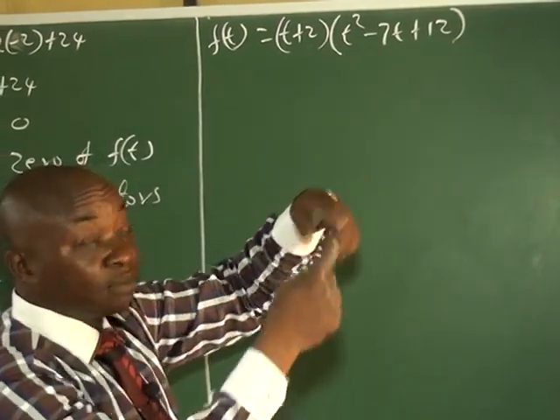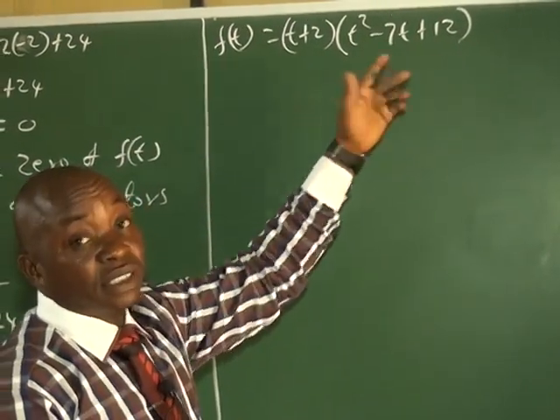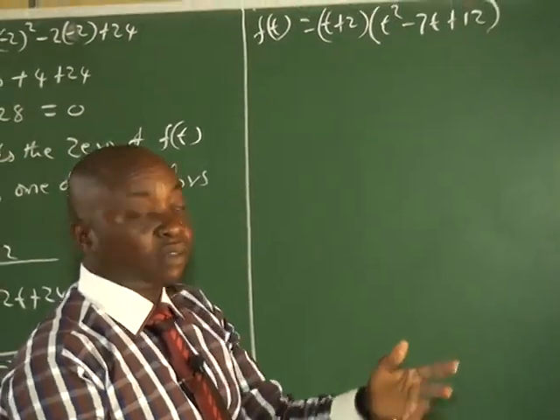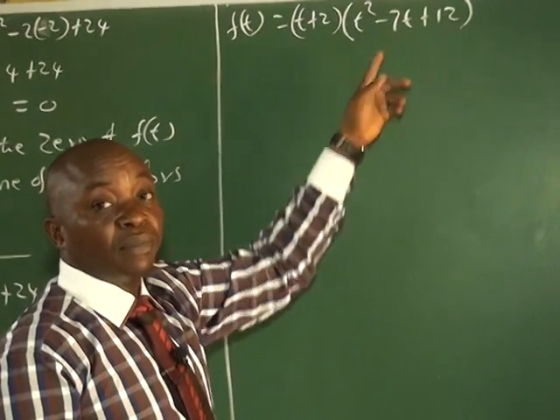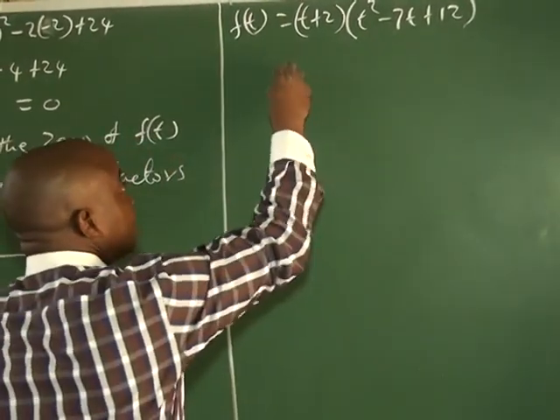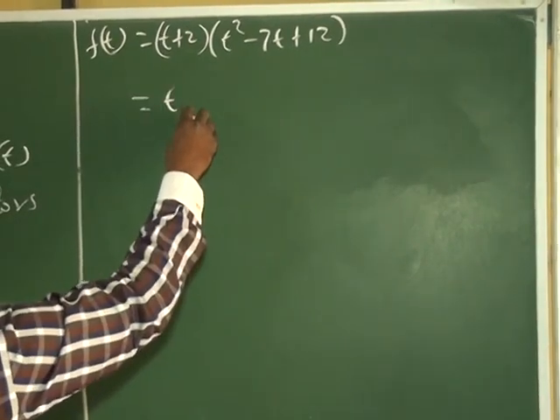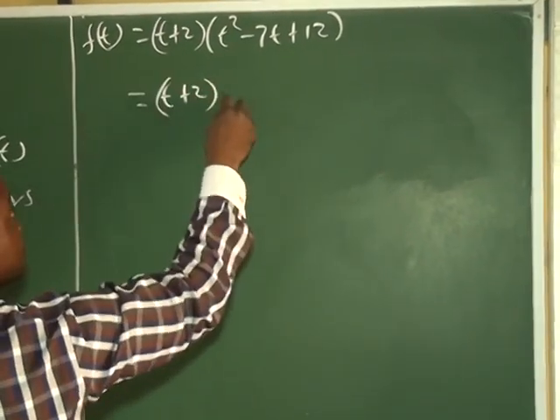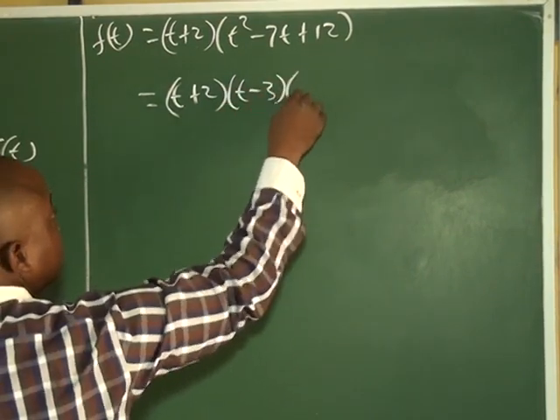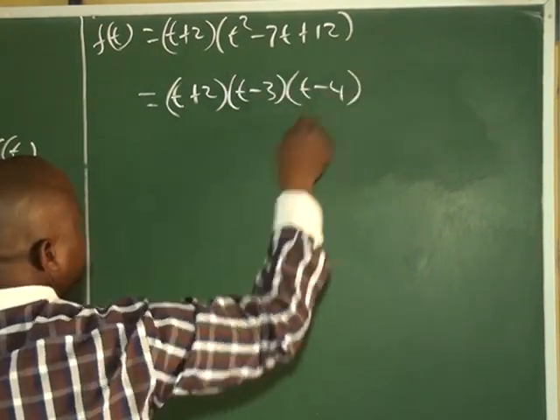If you multiply these same two numbers, you have 12. And these two numbers must be minus 3 and minus 4. Minus 3 minus 4 give you minus 7. Minus 3 times minus 4 give you plus 12. So we can write this as t plus 2, t minus 3, t minus 4.